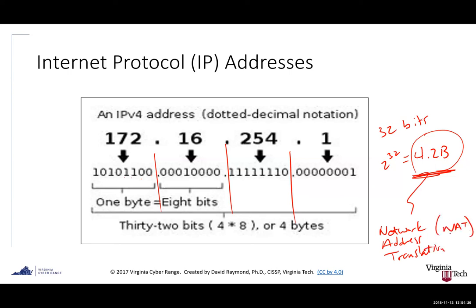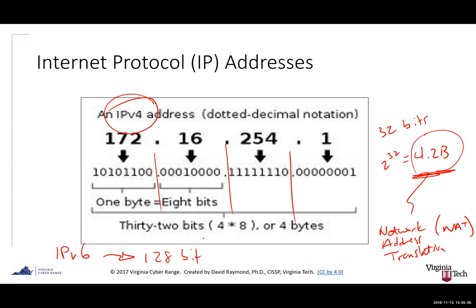We talked about this a little bit in the last discussion. Network address translation helps us get around this 4.2 billion device limitation. And another way we get around it is with, remember that we're talking about an IPv4, IP version 4 address. There's this thing called IPv6 that has 128-bit addresses.